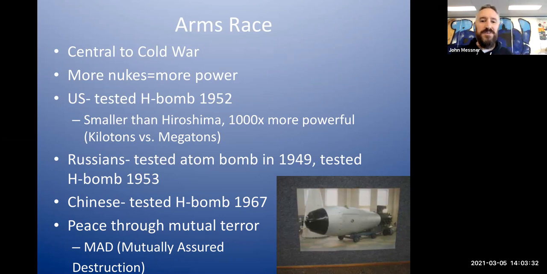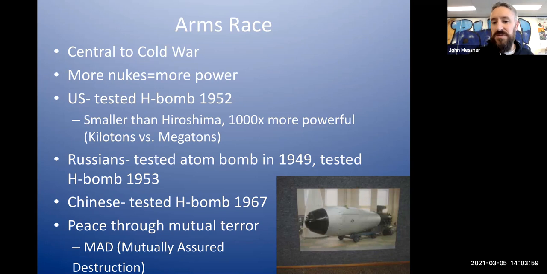But the arms race is central to the Cold War. Again, this idea that if you have more nukes, you have more power. So it's a constant race to make not just one nuke, but you want 100, and not just 100, but thousands. So to the point where we're going to have thousands of nuclear weapons when we probably only need 100 to eradicate the world, especially when we make the H bomb, which first gets tested in 1952.